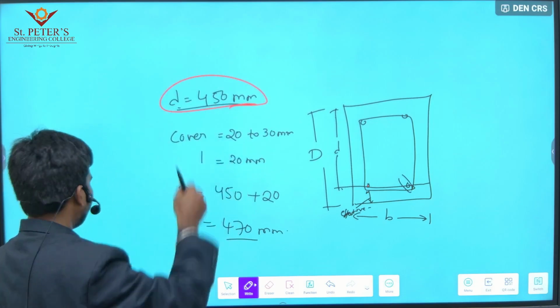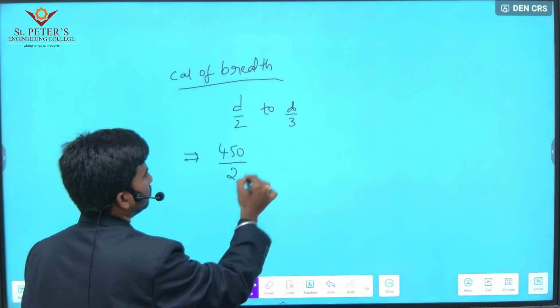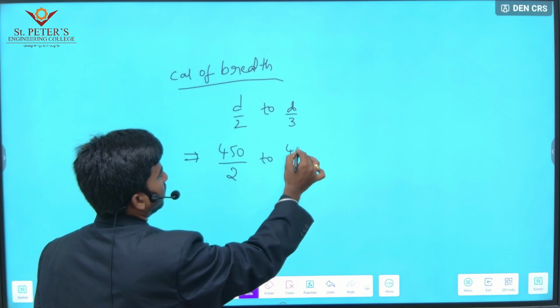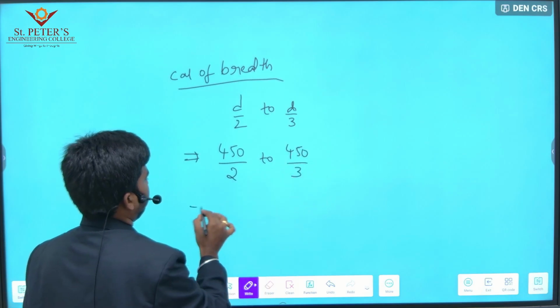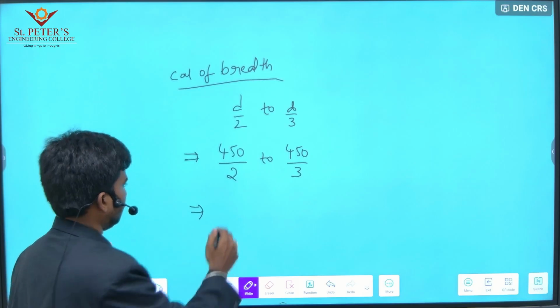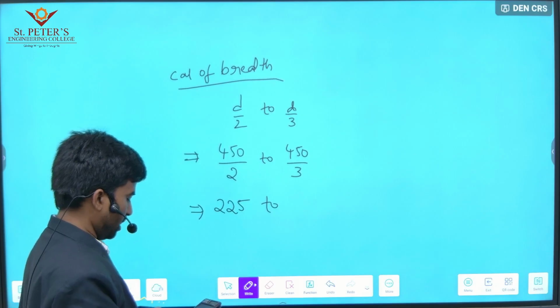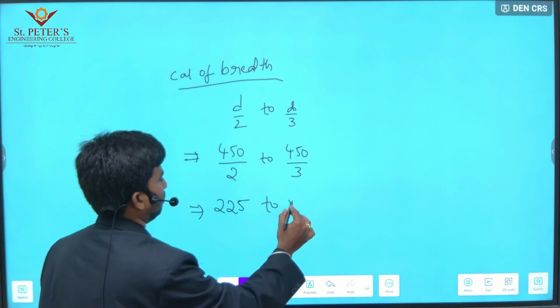Here you have to substitute the 450 value. 450 divided by 2 is 225, and 450 divided by 3 is 150.